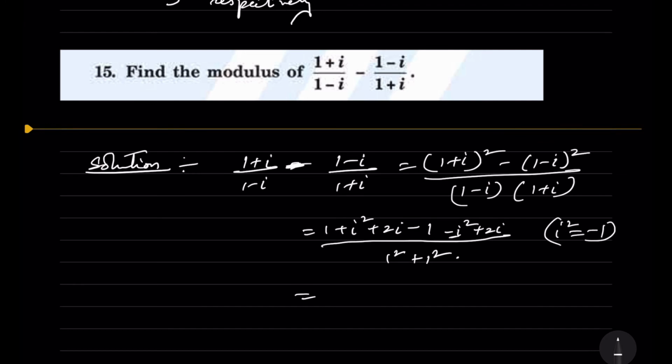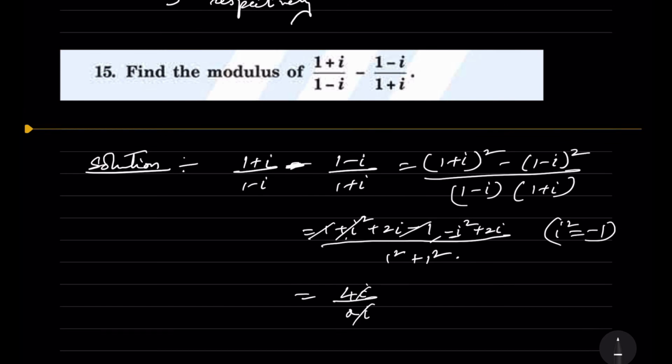So 1 plus 1, 2 minus 1 is 1 we are getting. And 1 minus of this, so this is getting cancelled, this is getting cancelled. So you are getting 4I by 2I.